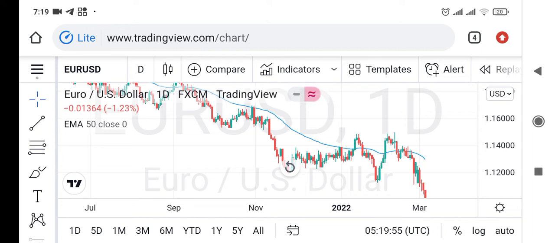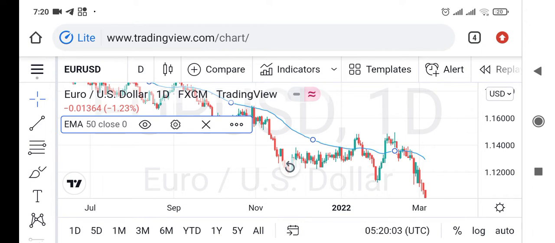You can set the moving average to take average closing price, yeah, the last 20 candlesticks.